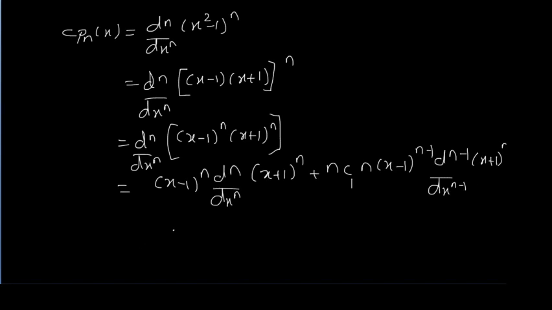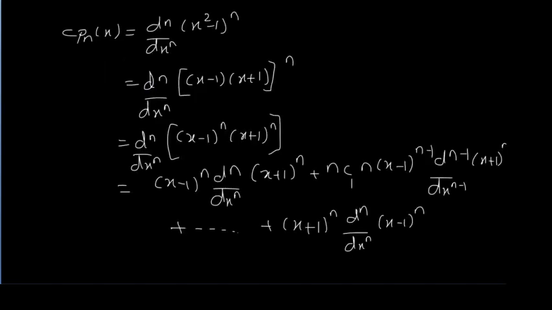Like that we continue, and the last term we obtain is (x plus 1) whole raised to n into dn by dx raised to n of (x minus 1) whole raised to n. Now after simplification, we obtain (x minus 1) whole raised to n into n factorial.